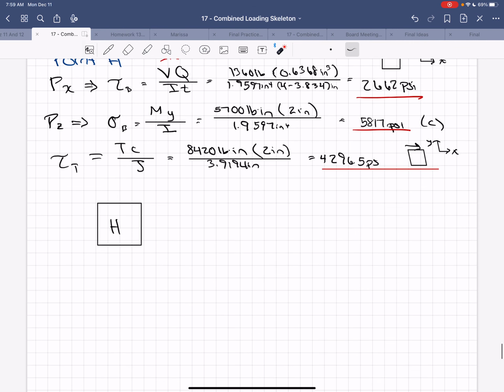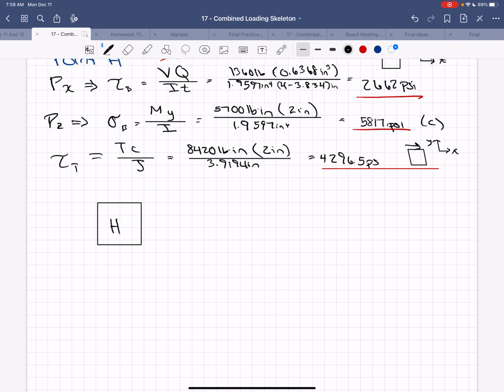And it's in compression, so it's very important that we draw our coordinate system. So in the y direction, we have bending normal stress in compression. That is 5817 psi. And we have two shear stresses.